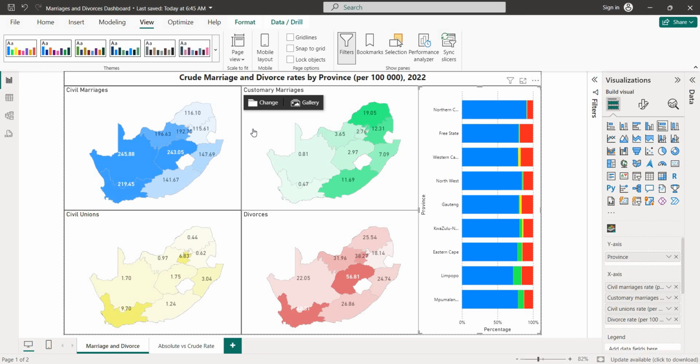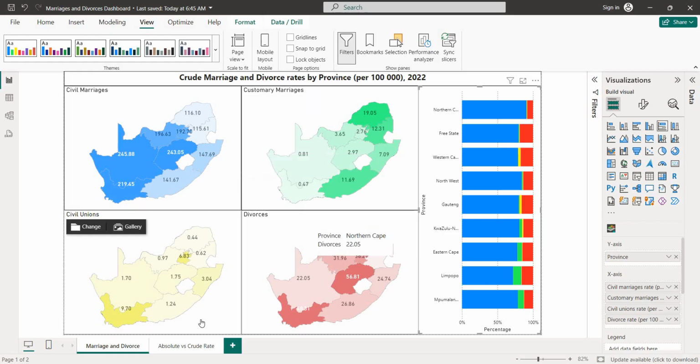Moving on to customary marriages, as previously noted, we see higher rates in the more rural provinces of the Eastern Cape, Mpumalanga, Limpopo, and to an extent KZN. And looking at civil unions, we see higher rates in the more urbanized provinces of the Western Cape and Gauteng.